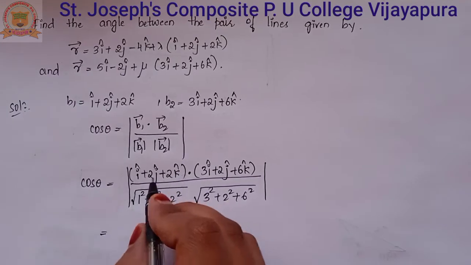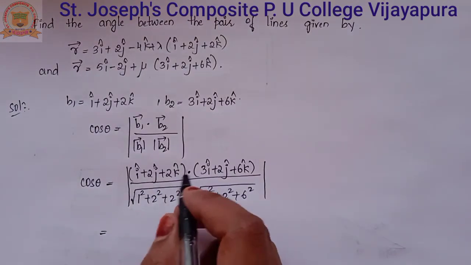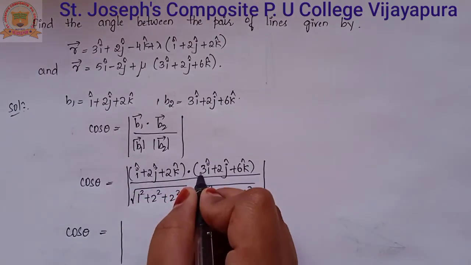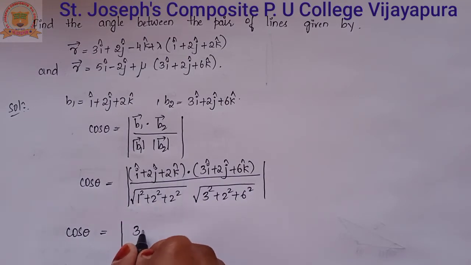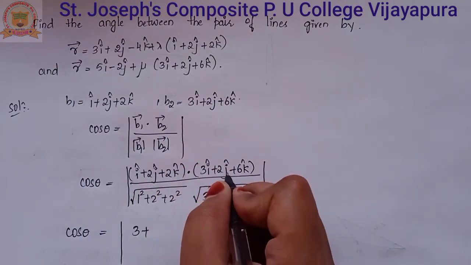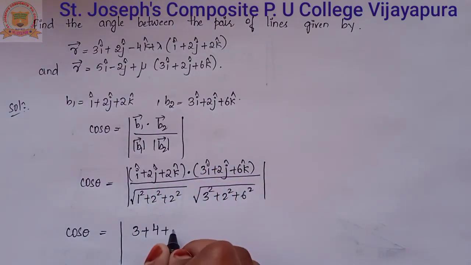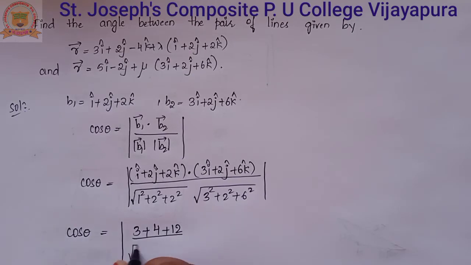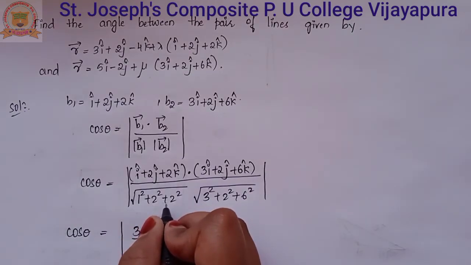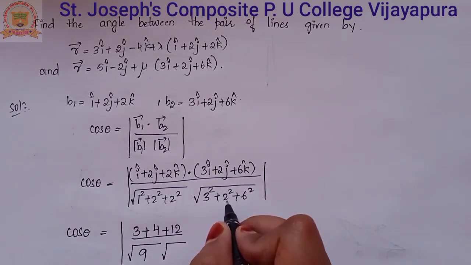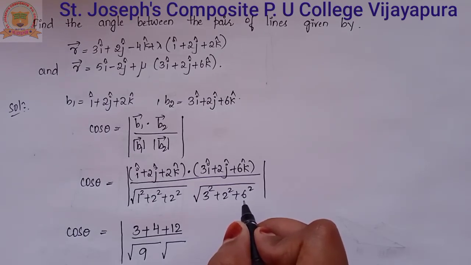Also we know how to do the dot product of two vectors. So cos theta equals i vector dot 3i vector, we get 3, plus 2j vector dot 2j vector, we get 4, plus 2k vector dot 6k vector, plus 12, whole divided by root of 1 square plus 2 square plus 2 square, which is root 9, into root of 3 square plus 2 square plus 6 square, which is root 49.